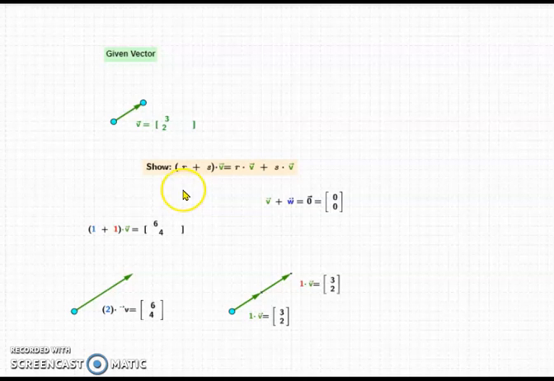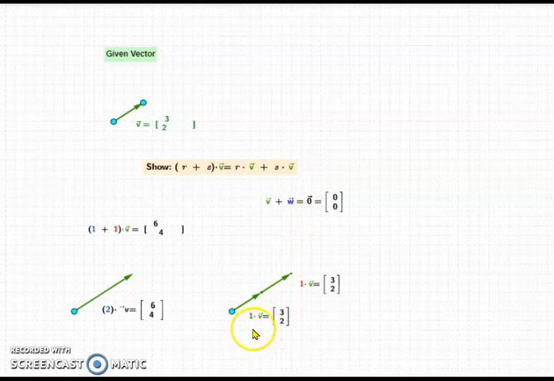In here naman, we show that the quantity r plus s times vector v is equal to rv plus sv. So let us consider this particular vector. Our r in this case is 1 and our s is equal to 1 also. So if you observe, that is just the vector with components 6, 4. On the right side, the rv and sv, so it's just 1 times v, so v pa rin, plus 1 times v, still v.